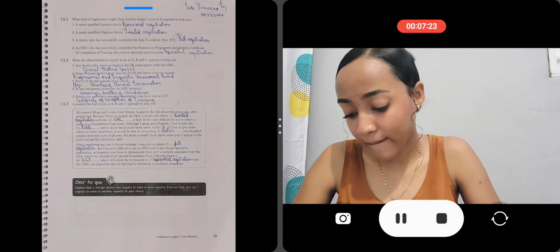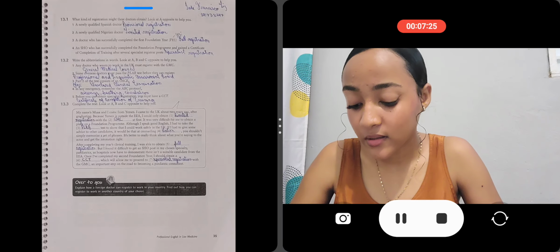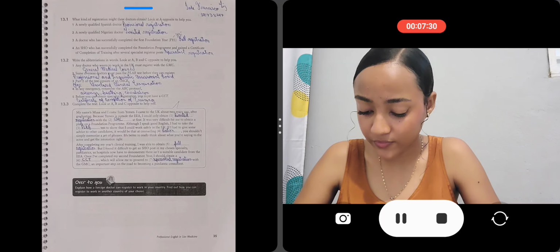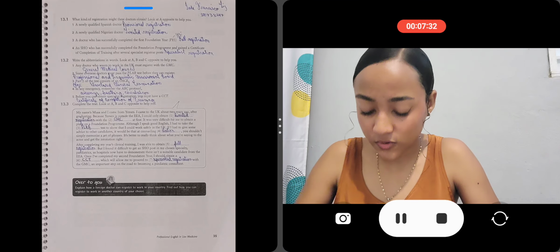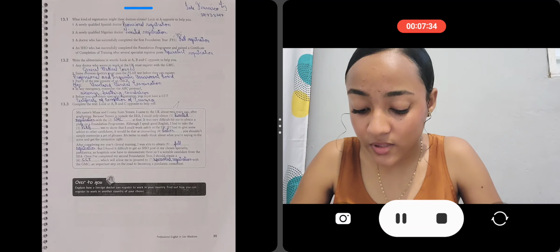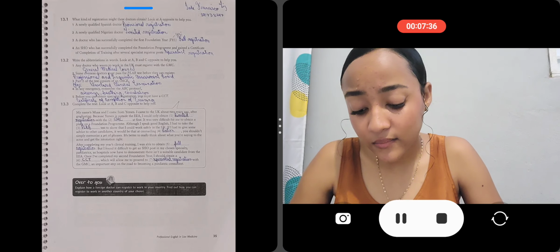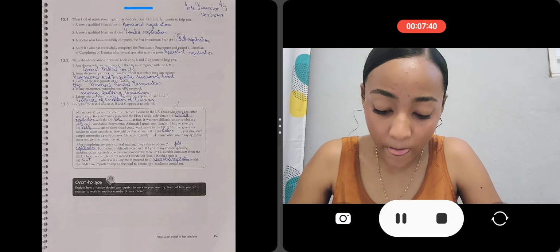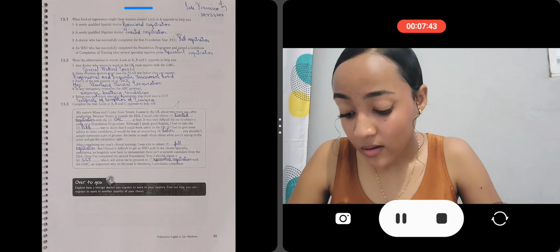13.3 Complete the text. Look at A, B, and C opposite to help you. My name is Musa, and I come from Yemen. I came to the UK about 2 years ago after graduating.